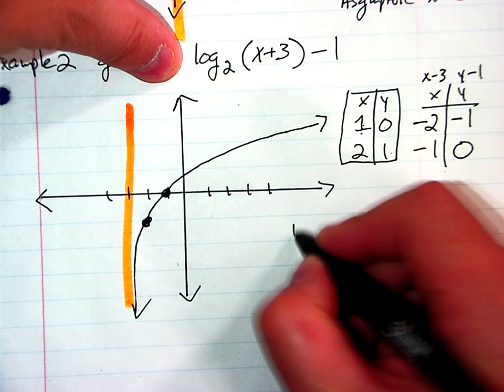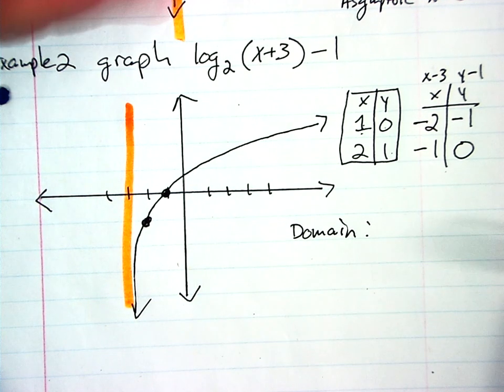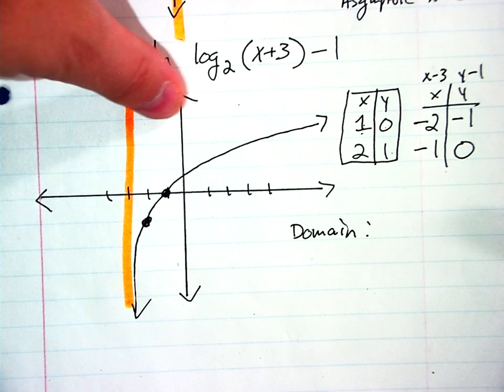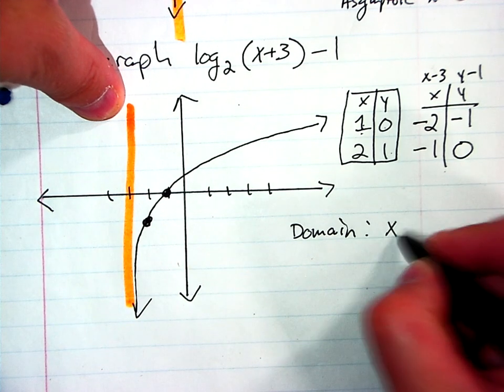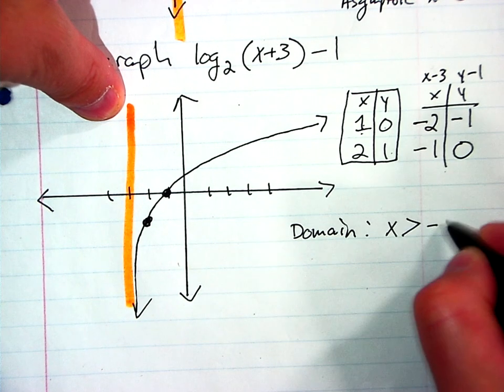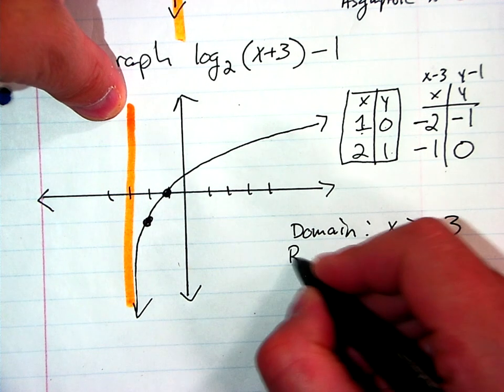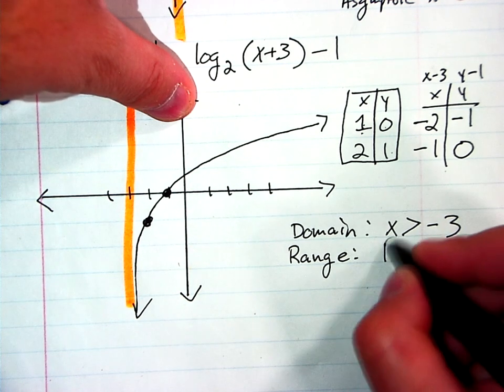Now, on your homework, it wants to know what is your domain. Our domain is normally x is greater than 0, but what happened to our asymptote? It moved to the left, so it's going to be x is greater than negative 3. Our range is all real numbers.